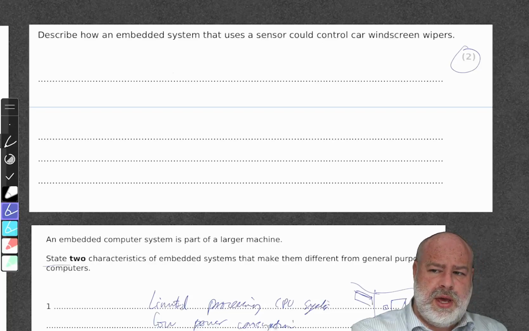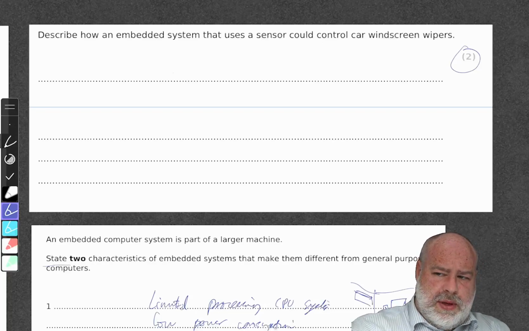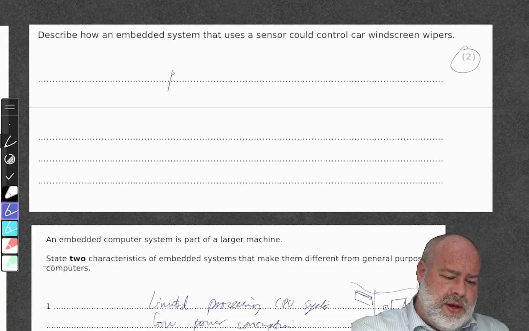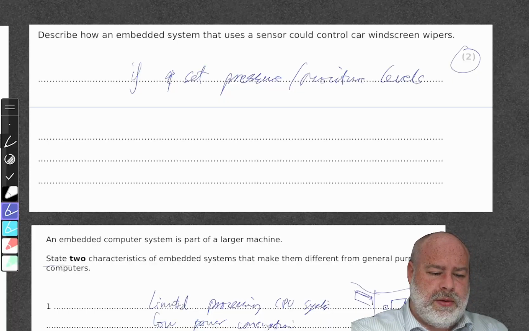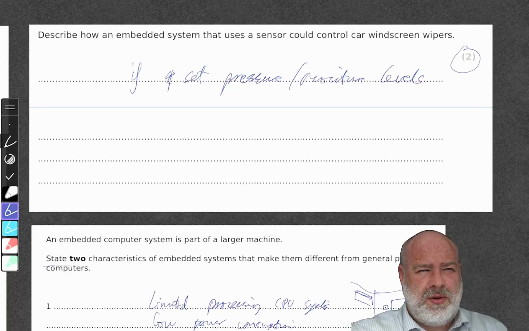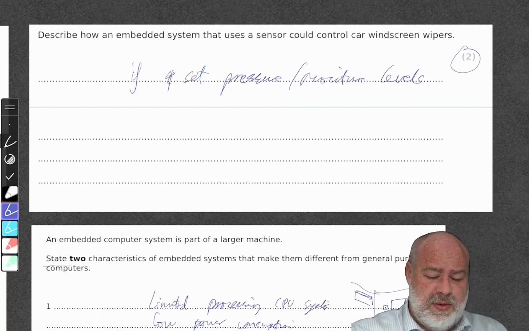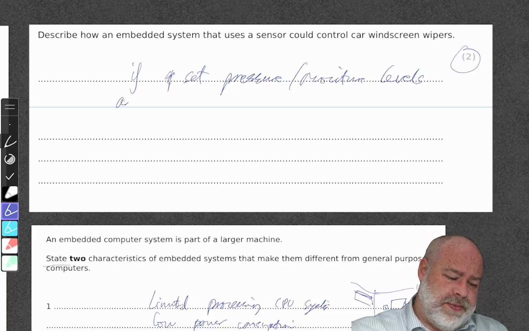There might be set pressure levels, moisture, because I'm not exactly sure how these systems work, but it's definitely going to detect rain either from the humidity, moisture, or from the pressure of the water going down, once levels are reached.